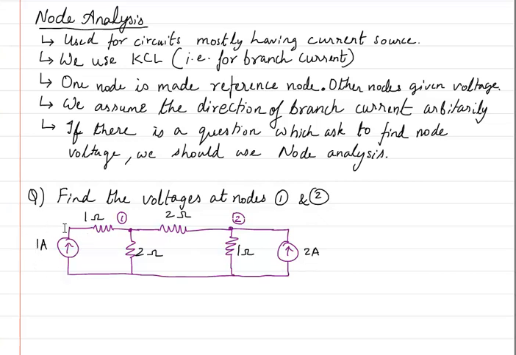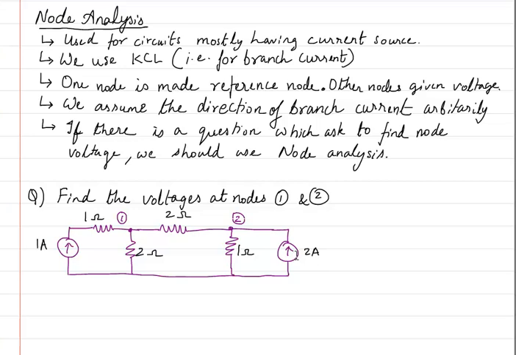As you can see, there are two current sources here, and there is no voltage source. So one of the methods to realize whether the circuit is solvable using nodal analysis or mesh analysis is by looking at the sources. For voltage sources it is mostly mesh analysis, for current sources it is mostly nodal analysis.